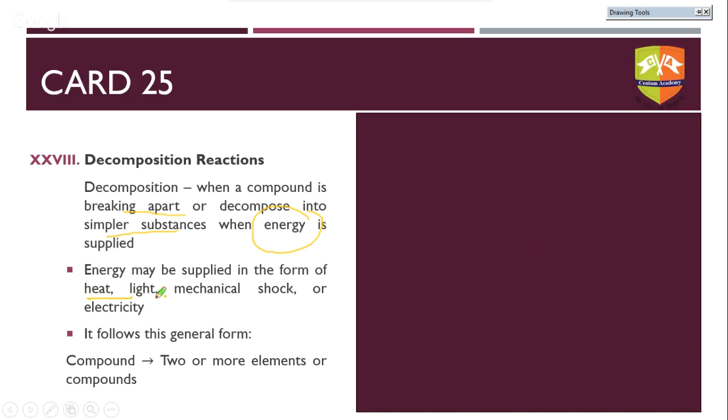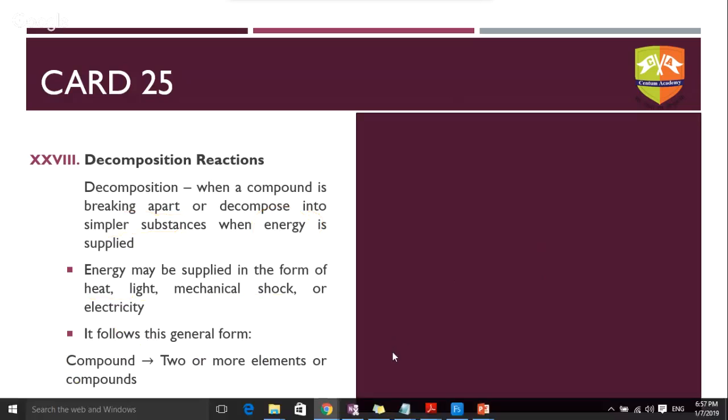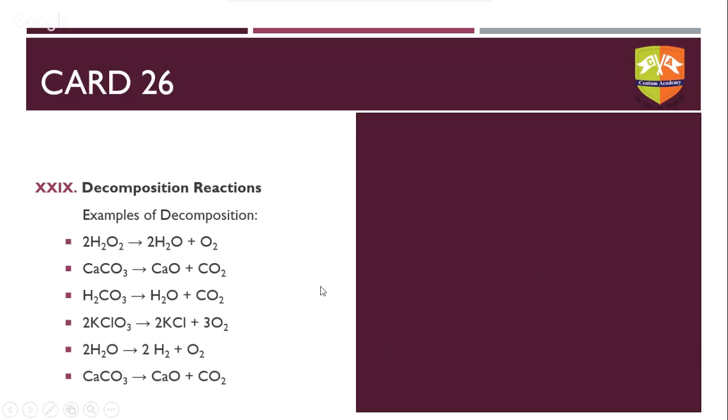It can be supplied in terms of heat, in terms of light, in terms of mechanical shock or electricity. So there are multiple ways that you can actually have the energy being supplied. But as this energy gets supplied, you will realize that the substance breaks down into simpler substances. Here is a general form of these reactions, that a compound actually gives two or more elements, or two or more compounds. Okay. Let's look at a few examples.